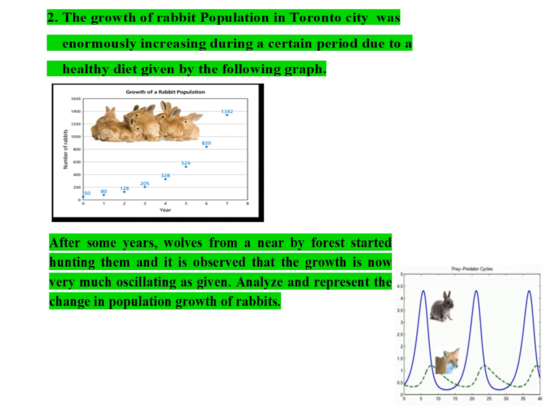But after some time, from the nearby forest, the rabbits are getting hunted by wolves. So the population is getting affected. Sometimes it may decrease, or sometimes it is getting increased. That is why they have observed the rabbit population is becoming different. So it is given in the second graph here, due to the hunting that happened.